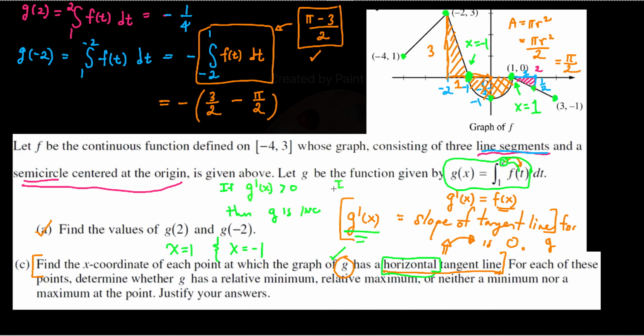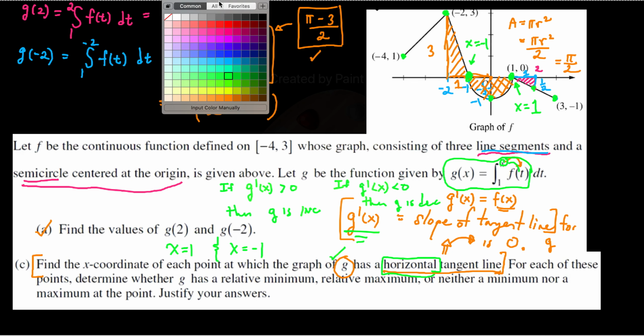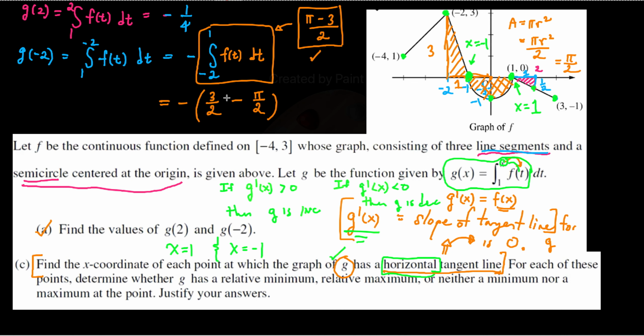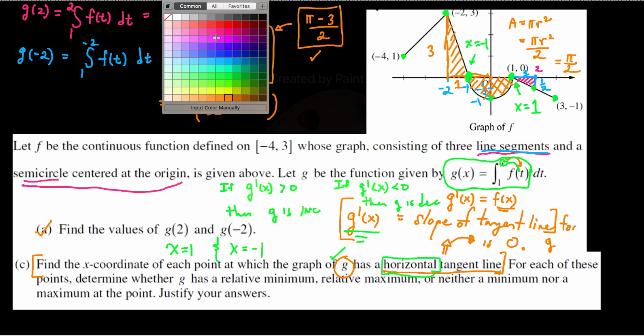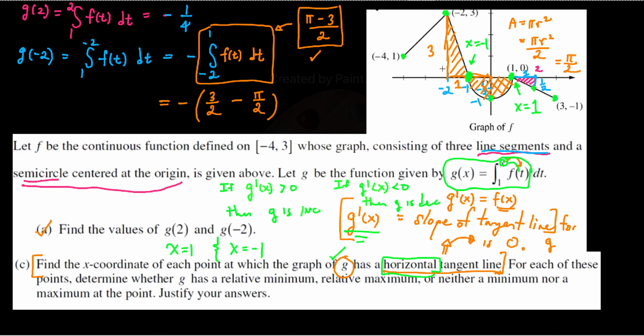And if G prime of x is negative, then G is decreasing. With these two facts, I'm just going to give you a rough sketch of how we can look at this.